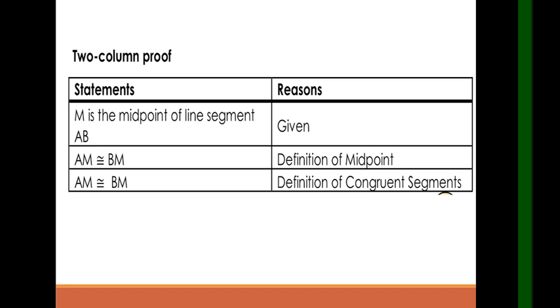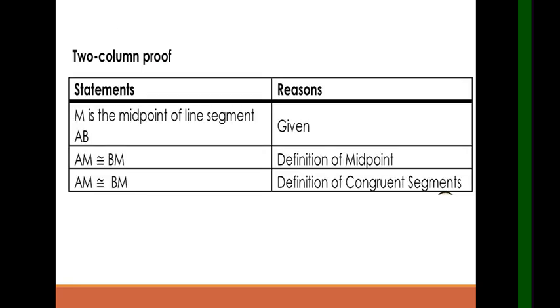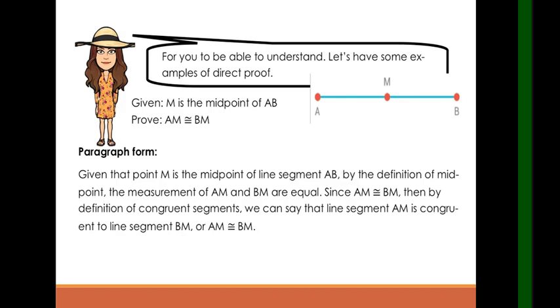Kumbaga, sa two-column proof, papatunayan mo lang talaga siya na siya ang midpoint. Kasi ang given natin is M is the midpoint of AB. Papatunayan mo lang talaga na yung AM is congruent siya dun sa BM. Na usually, definition of congruent segment, di ba? But on the other hand, we need to prove also that midpoint creates congruent segments.